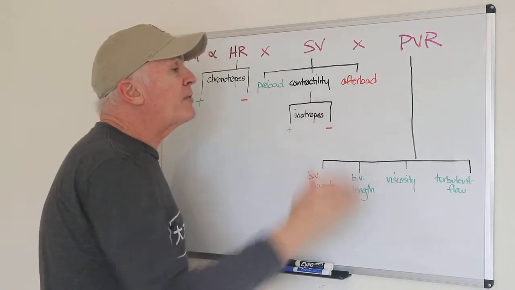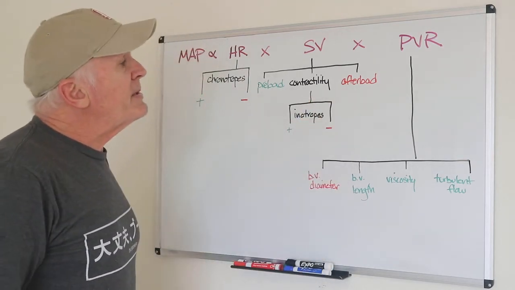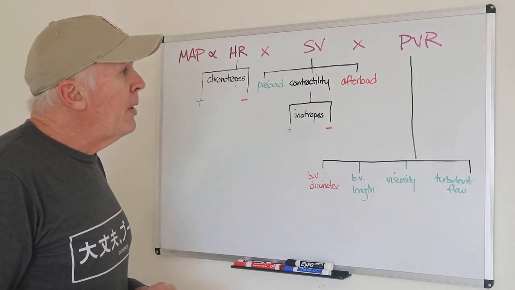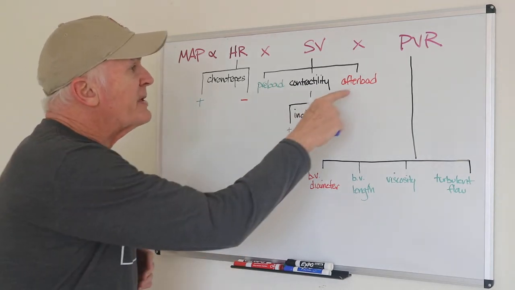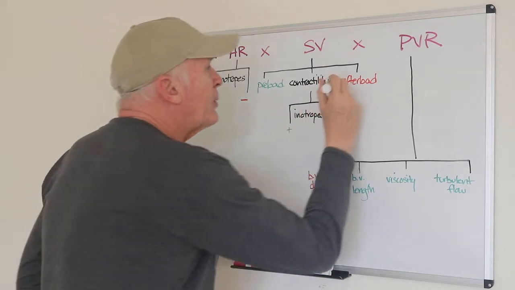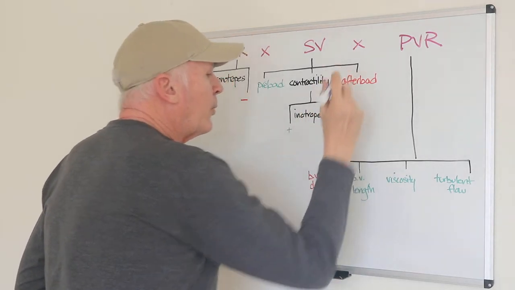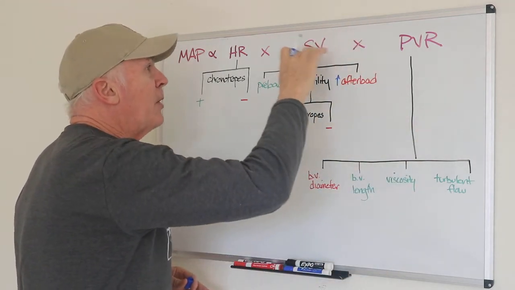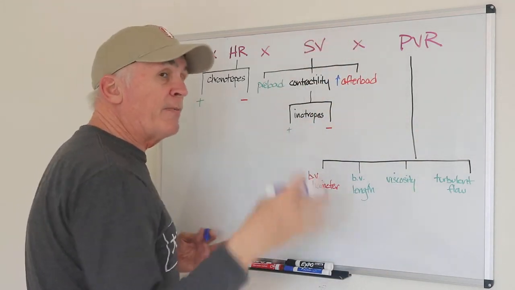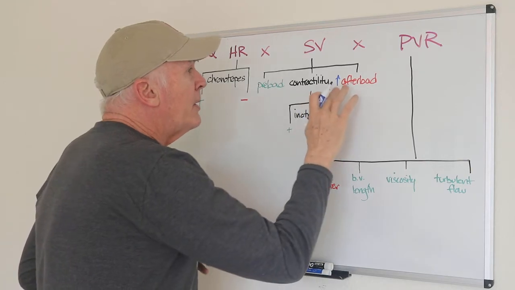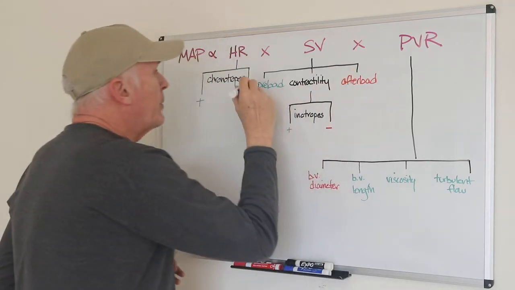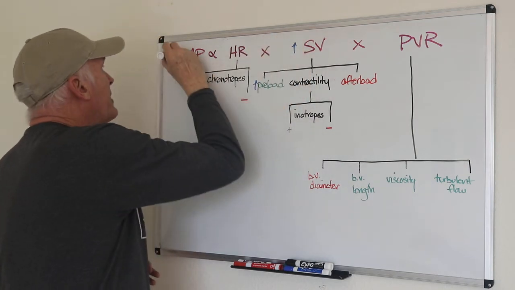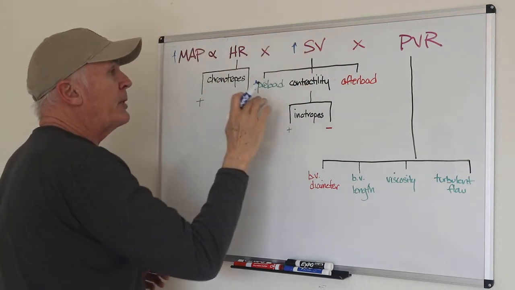And then finally, afterload. Afterload was basically the resistance to pumping blood out of the ventricle. The reason I wrote this in red is that anything in red on here means that it's going to have the opposite effect on this value. It's going to have an inverse effect. So let's back up for a moment. If we increase preload, we increase stroke volume, we increase mean arterial pressure, right? Preload written in green.